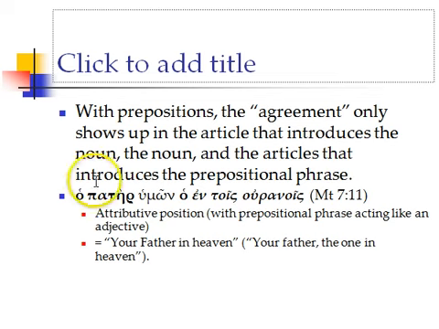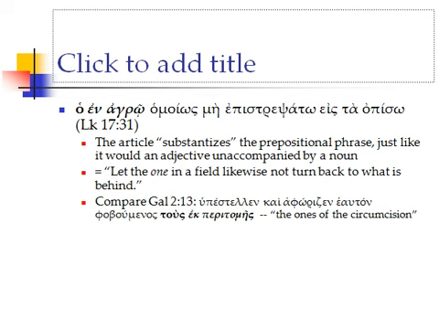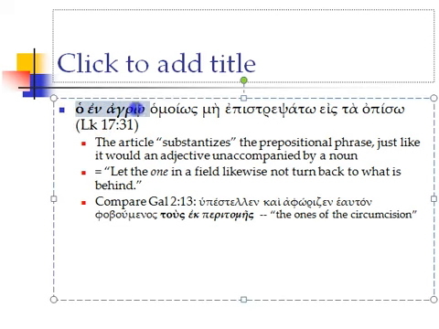We don't have an article and a noun and an article and a prepositional phrase. In such an instance, ho en agro, the ho makes of en agro the description of an entity that is represented by all three words there, the one in the field. Let the one in the field likewise not turn back to the things left behind.